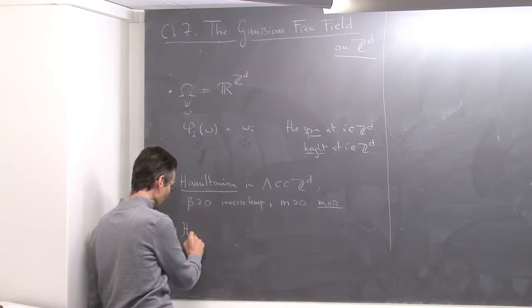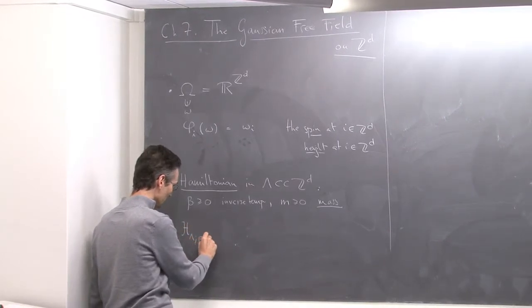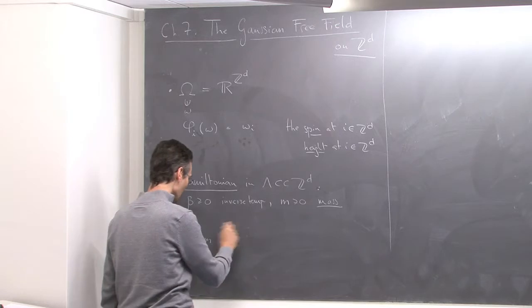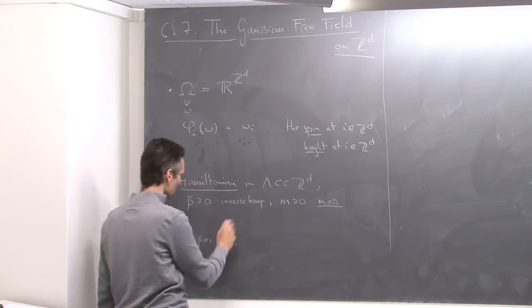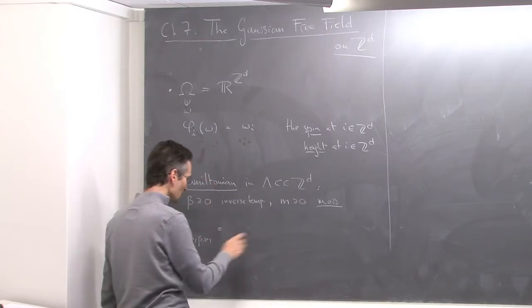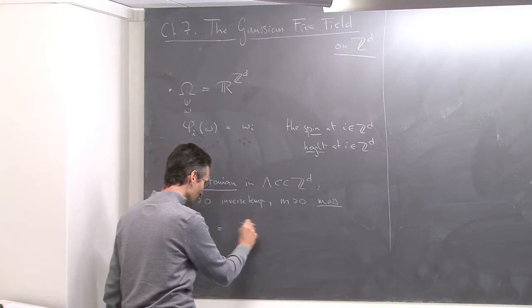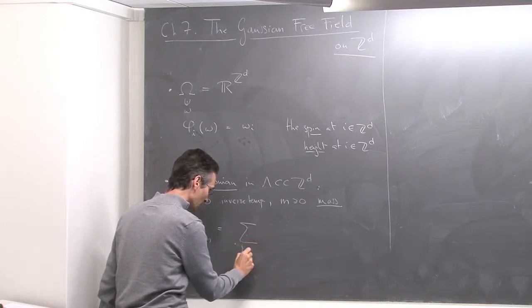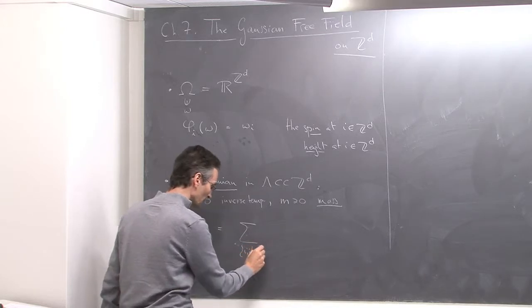So with these two parameters, I can define the Hamiltonian as follows. H_{Lambda,beta,m} of a configuration, as a function, is just the sum over all pairs of nearest neighbors in the lattice.